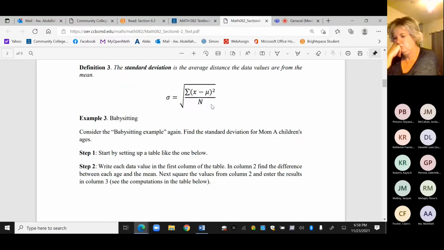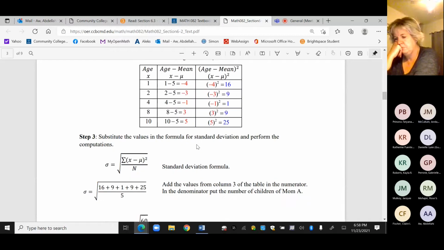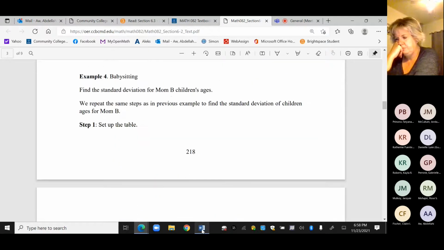But if you go to Math 125, they give you the two cases. Sometimes you divide by n, which is the population standard deviation. Sometimes you divide by n minus 1, which is the sample standard deviation. But since here in 082 they didn't talk about population or sample, we're going to follow the textbook and divide by 5.